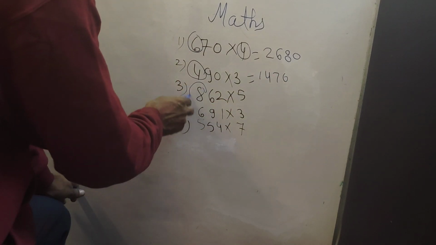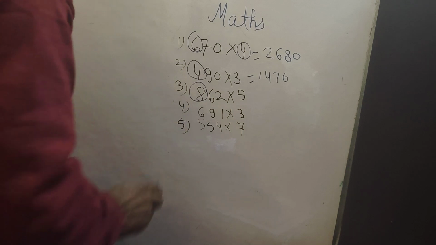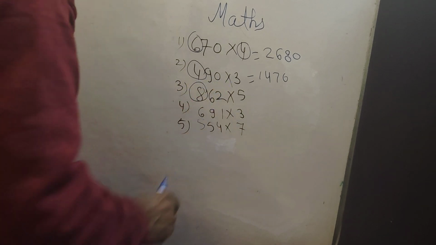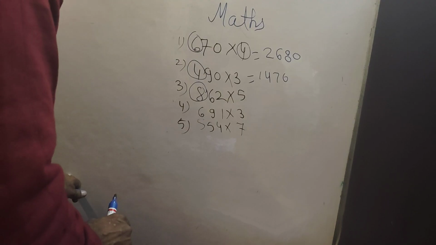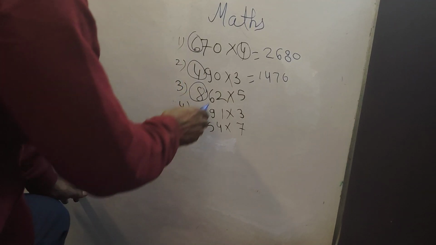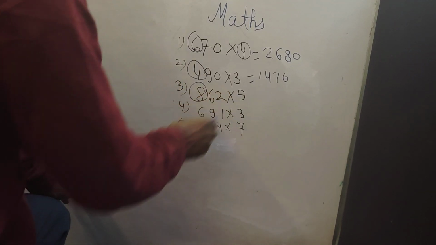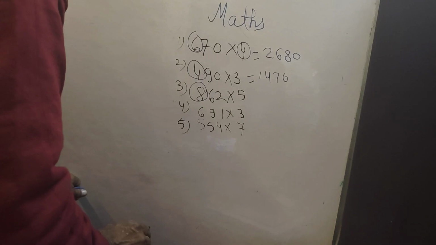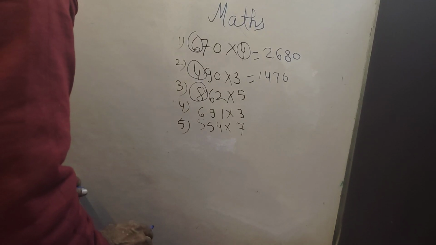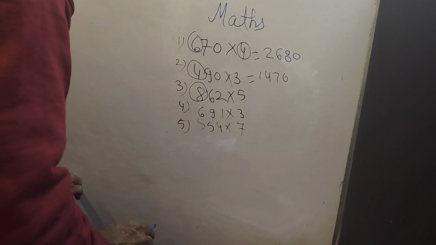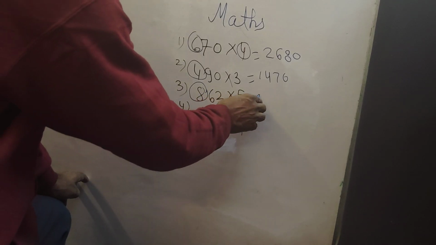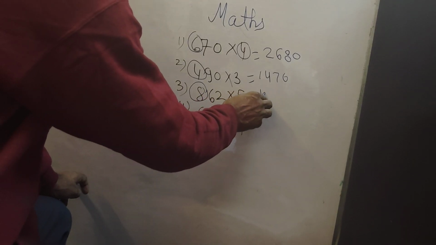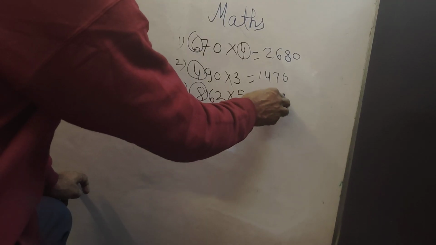Next, 862 multiply 5. 800 into 5, 8 times 5 is 40, so 4000. 4000 put in mind. Now 6's place value is 60. 60 times 5 is 300. So it is 4300. Now 5 times 2 is 10. So 4310.